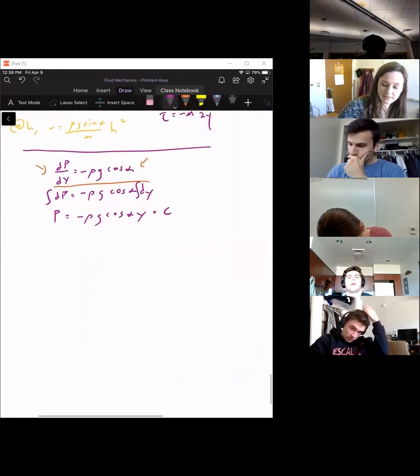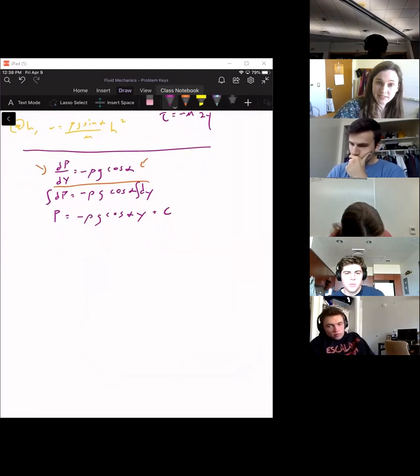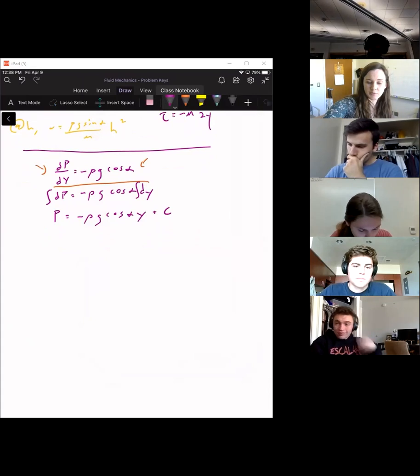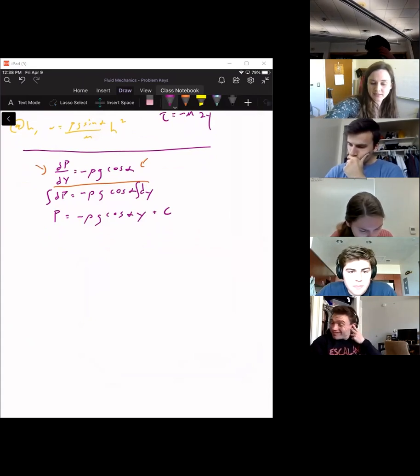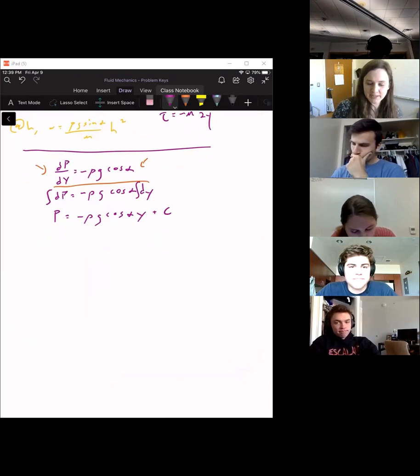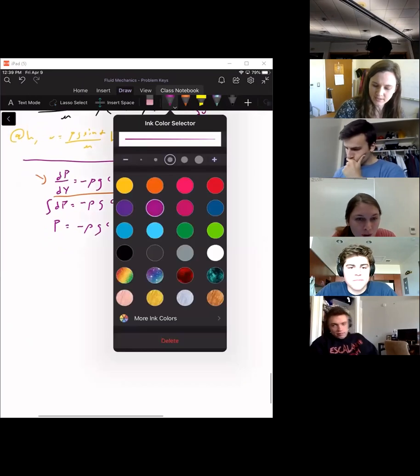I do want to finish this just because I started. We only need one boundary condition because we only integrated once and we only got one constant. What would we use? P atmosphere at the top. Yep, P is atmosphere at the top.